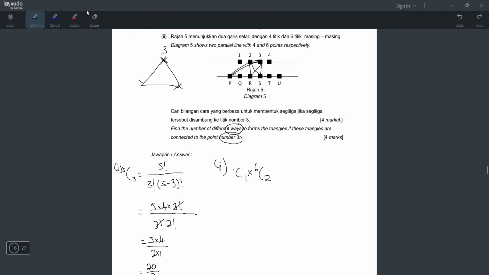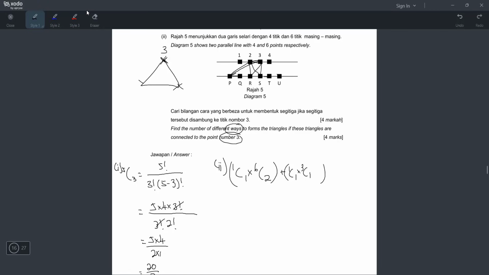But there's another one, where I choose 2 vertices on top and 1 vertex on the bottom. But if I choose 2 vertices on top, I have to make sure 3 is chosen. That's why it's 1C1 times 3C1. Because 3 must be chosen. I cannot choose 1 and 2 like that. Cannot. 3 must be chosen. That's why it's 1C1.